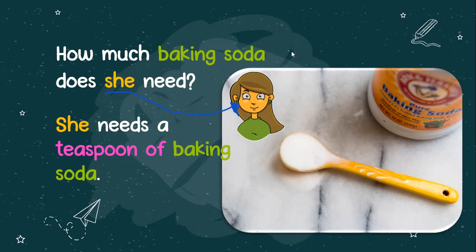So one more time, in the answer, we are using the expression that is shown in your student book. In the question, you only write the thing, in this case, baking soda. How much baking soda does she need? She needs a teaspoon of baking soda.